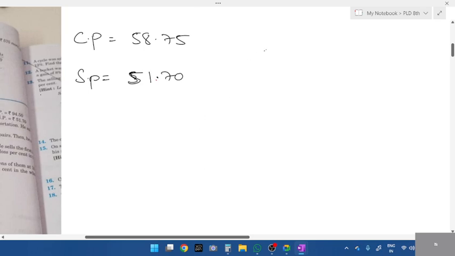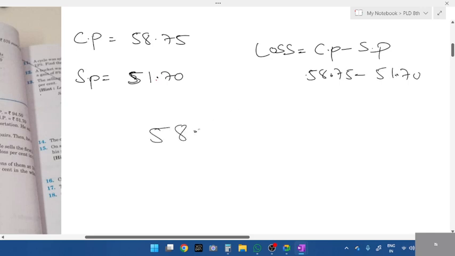Okay, complete this. Loss equals cost price minus selling price. Right, the formula. 58.75 minus 51. For addition and subtraction, don't remove the decimal. Keep it as it is and subtract.